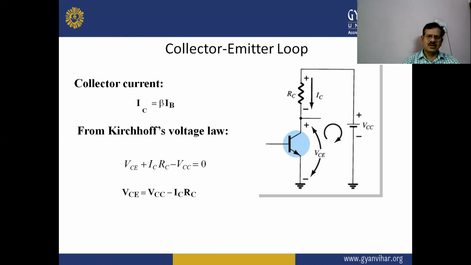So we find that VCE plus IC RC minus VCC equal to 0, or VCE equal to VCC minus IC RC. So this is the collector to emitter voltage, that is the output voltage, and output current also IC equal to beta IB.